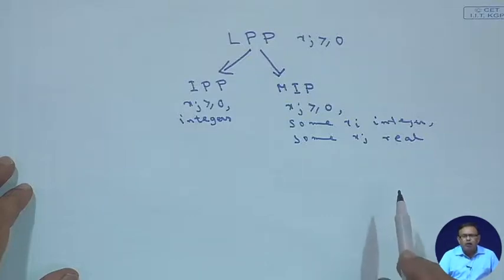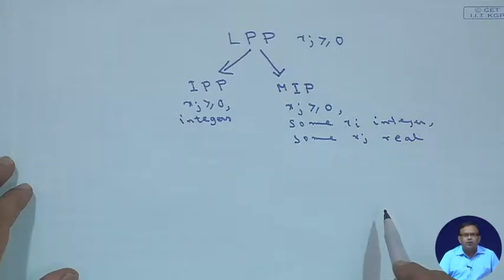So, basically, initially we started with the linear programming problem, then we did the dual simplex method. Now, we are saying that we may have a special type of linear programming problem which we call the integer programming problem, where all the decision variables are greater than or equal to 0, and integers only.